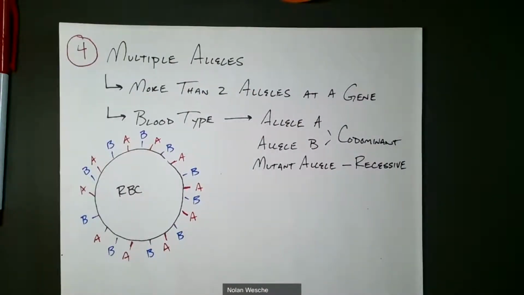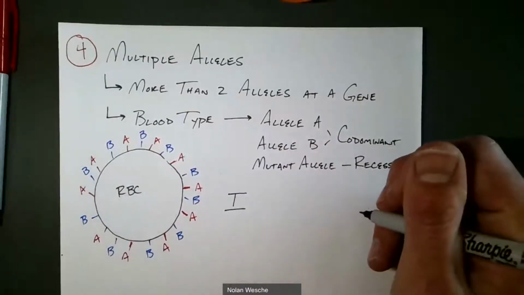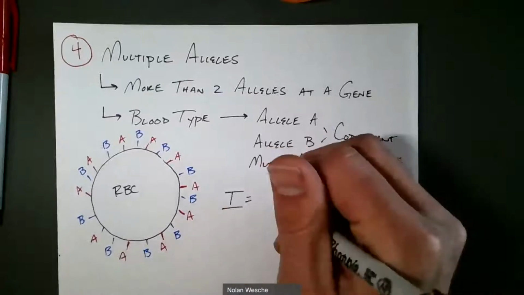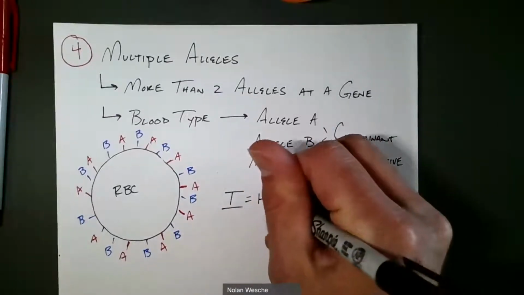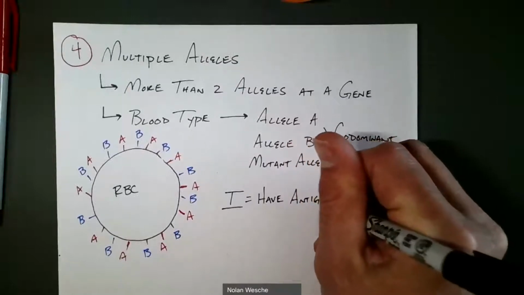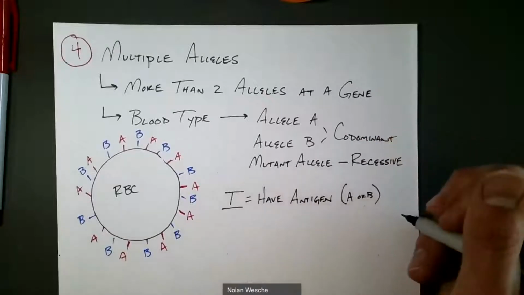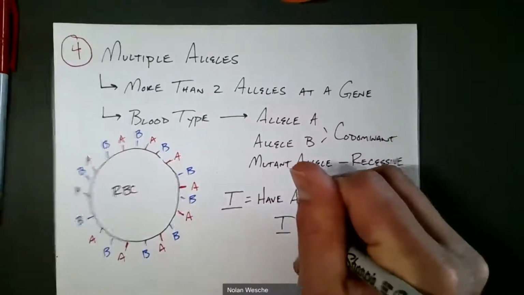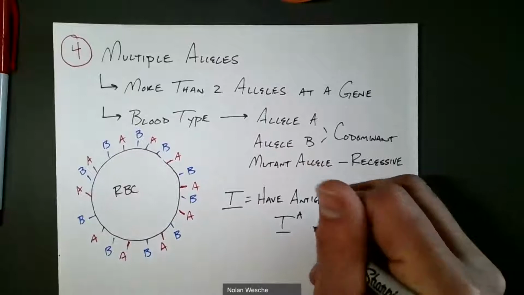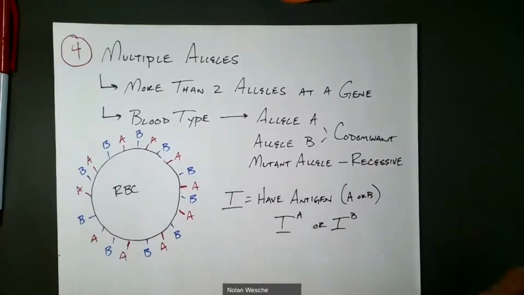So how we're going to illustrate this is we are going to say that somebody with a non-mutant variety that produces antigen, we're going to use the letter I. In this instance, you have an antigen-producing allele, whether that's A or B. So we're going to have I^A for antigen A, or I^B for the antigen B producing allele.